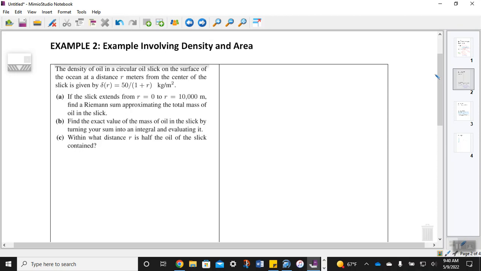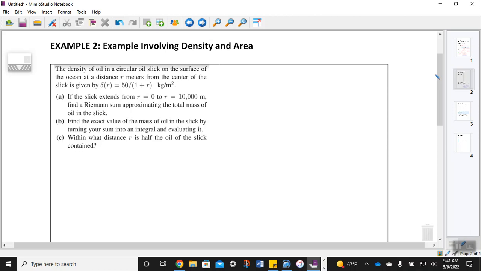The density of oil in a circular oil slick on the surface of the ocean at a distance r meters from the center is given by the function, I'll call it f of r. f of r is equal to 50 over 1 plus r kilograms per what?